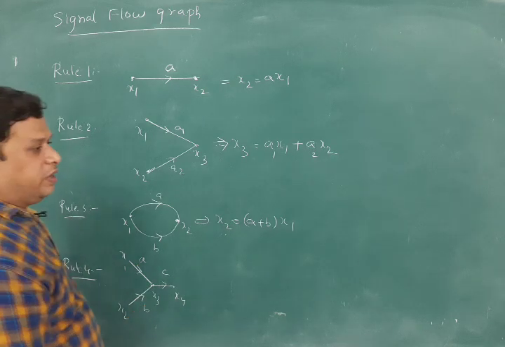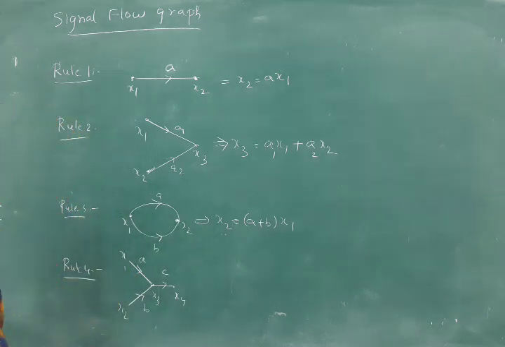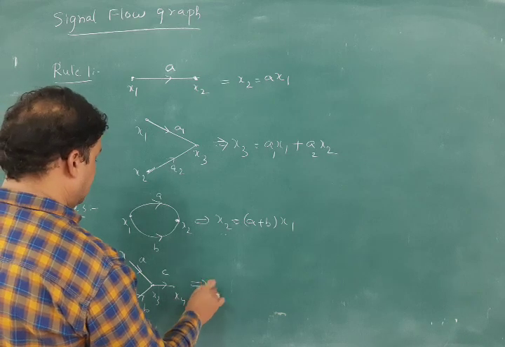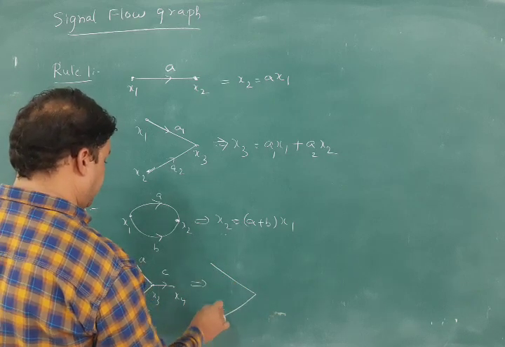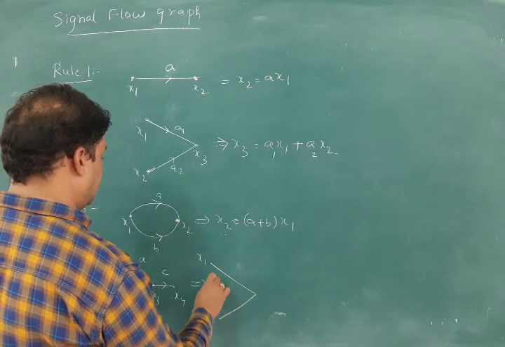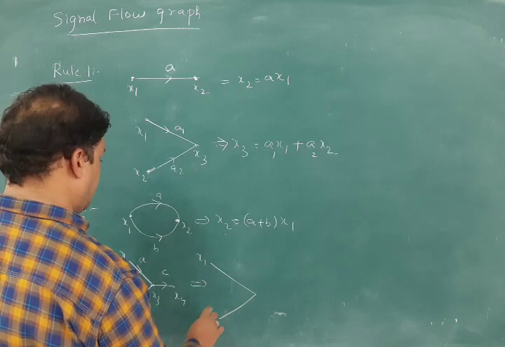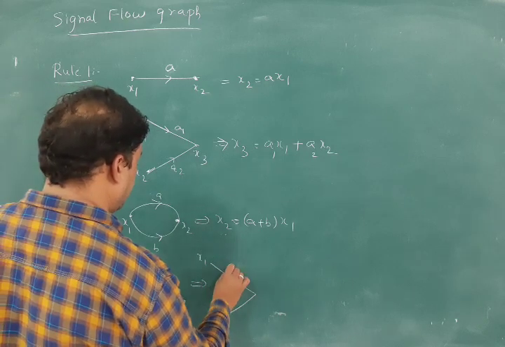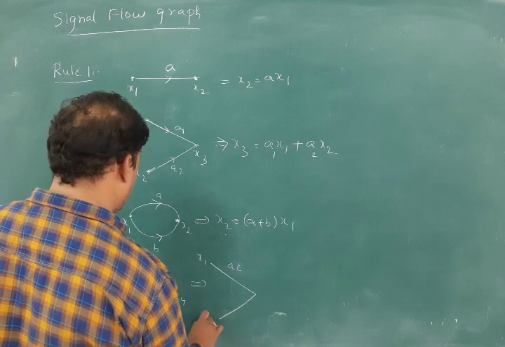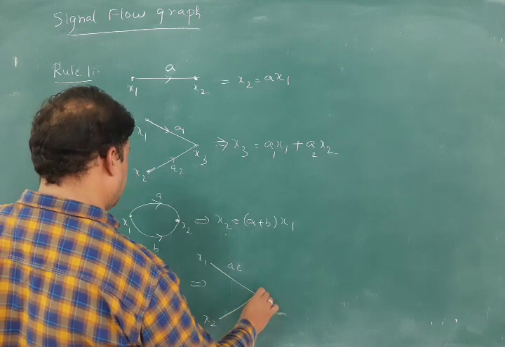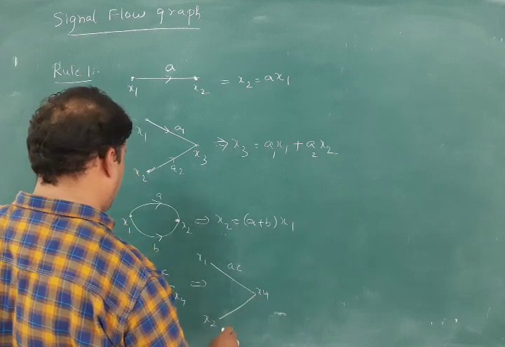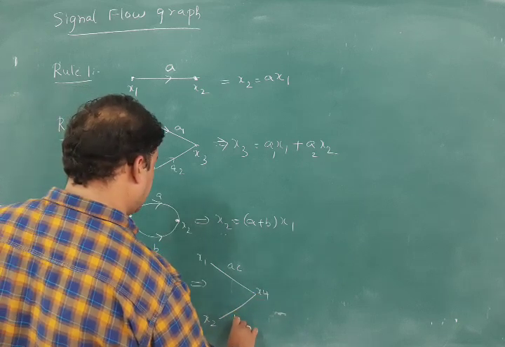So x4 we can write here. We can multiply this one and write implies like this. So x1, this is AC, and here is x2, and here is x4, and here is BC.